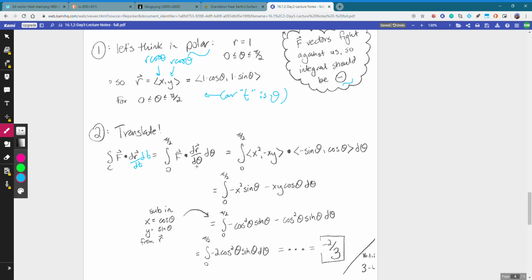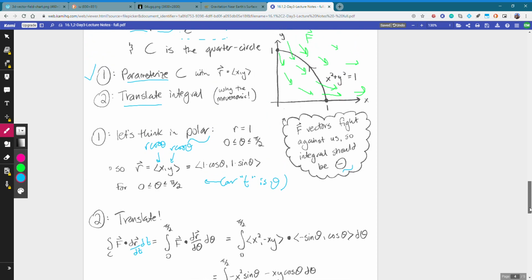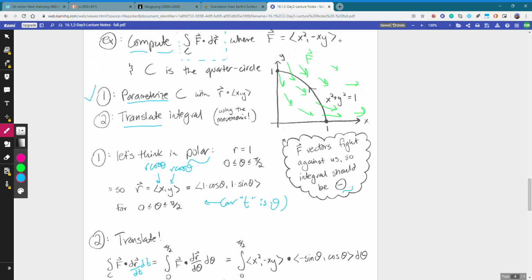And here now we can just start substituting in what we have. So here I've just copy pasted our vector field from way up at the top of the page. Just scroll up for a second. There it is. All right, so just copy pasted our vector field.